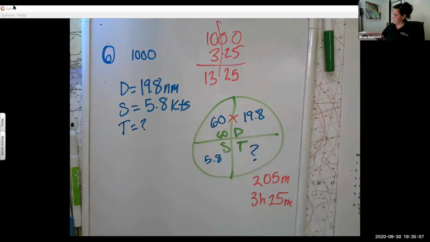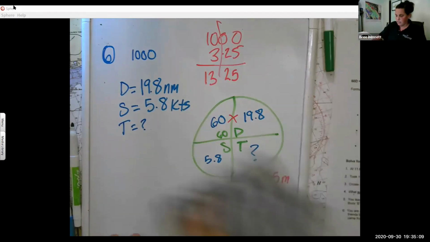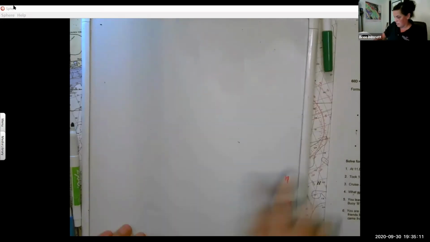Any questions with 60 D Street so far? All of this is dependent on a straight line, which my boat rarely goes. So yes, in this class we're learning the basics in this ideal situation.